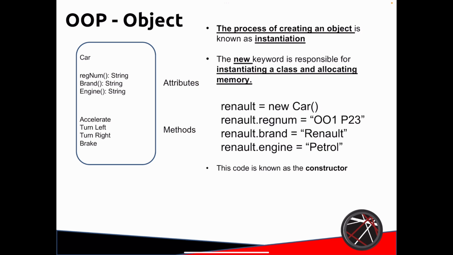What we need to be able to do, and one of the important things you need to be able to do, is to create a constructor. And what I mean by a constructor is the code on the right hand side where you can see there: Renault equals new Car, Renault reg number, our reg number from before, Renault brand, Renault, and then Renault engine, petrol. You need to be able to write that if you are asked to create an object as an instance of a class.